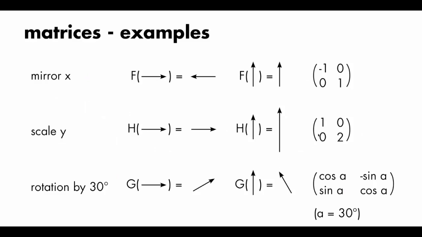Scaling only the second basis vector by 2 means we just have a 2 in the bottom right here. And rotation by 30 degrees. Okay, now we have to know a little bit of trigonometry. The x part, the right pointing part of this, will be the cosine, and the up pointing part will be the sine. So that is cosine and sine of our angle, 30 degrees.